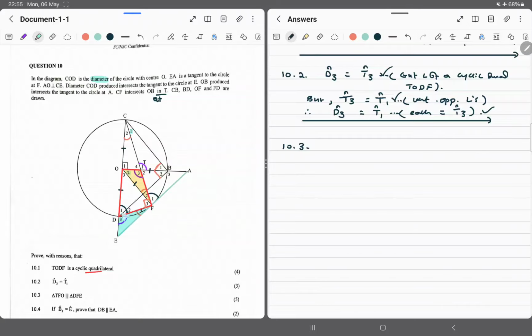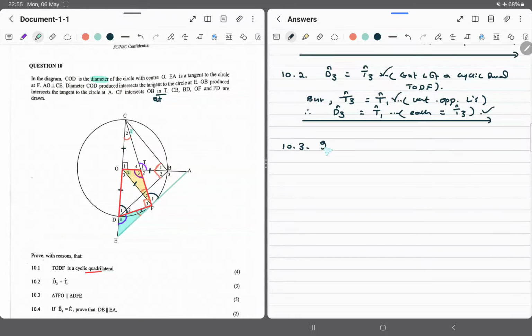We need to prove that these two triangles are similar. So what do we know? We already know that this T3 is equal to D3. We've just proven it. So that's fine, one piece. Then if we look at F4, the tan chord theorem links us to C2, which is equal to F2. So essentially, these two are equal. Once we prove two pairs, the third pair pretty much fits in nicely.